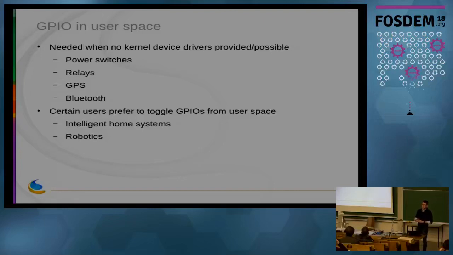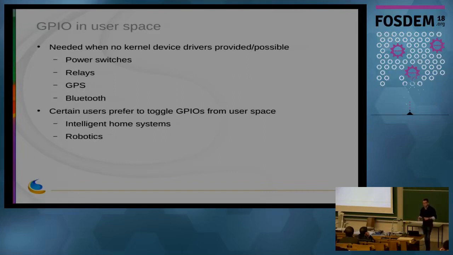Whenever there is a framework missing in the kernel, so you don't have the possibility of writing a driver, you want to drive GPIOs from user space. For example, for power switches and relays.